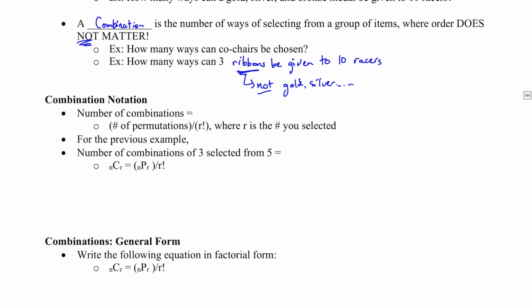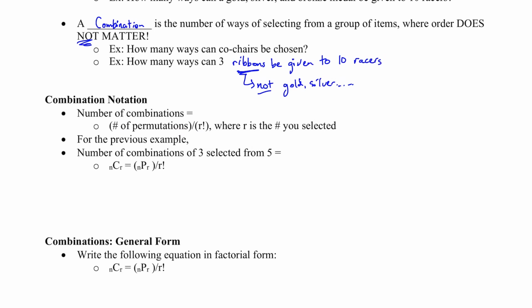Okay. Combination notation. Let's learn some combination notation. The number of combinations is equal to the number of permutations divided by r factorial, where r is the number that you selected.